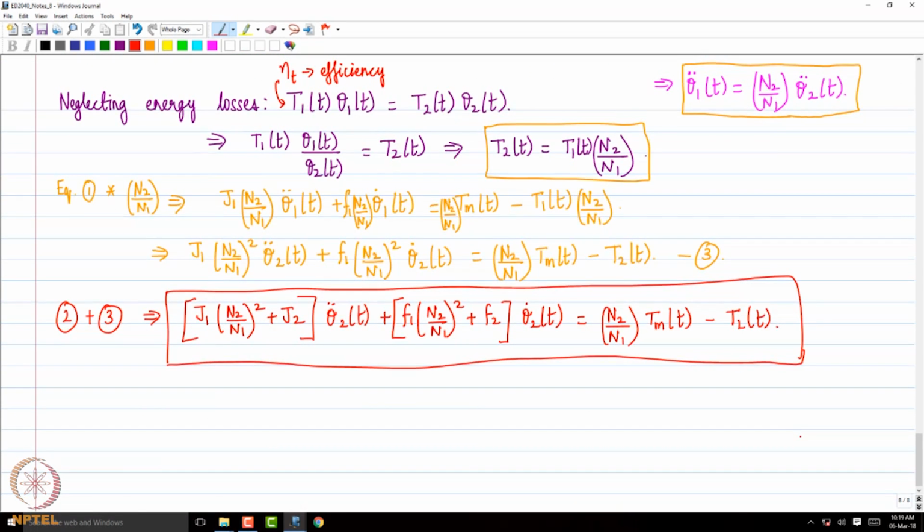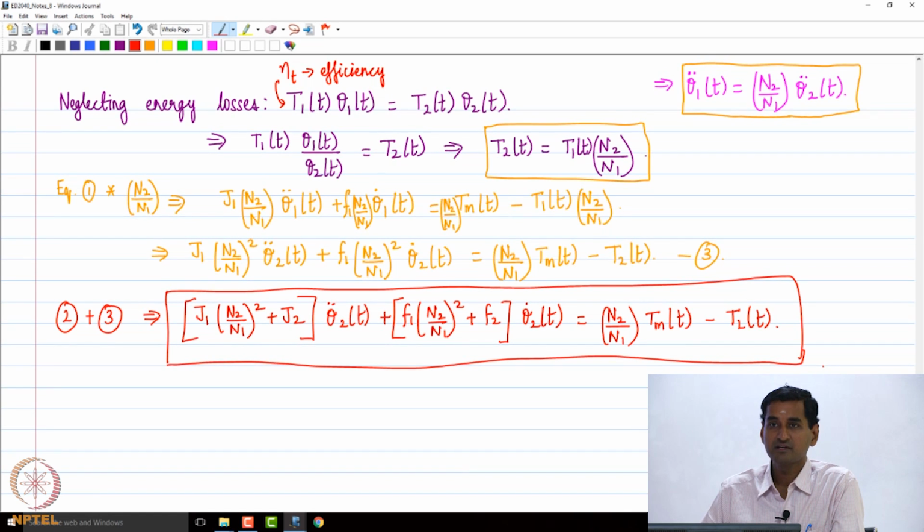So, this is the governing equation of motion for this gear transmission system. You see that we have it in the form that we want. We want on the left hand side the output and the derivatives, and on the right hand side the input and the derivatives. If you look at the right hand side, we have the input TMt and TLt.